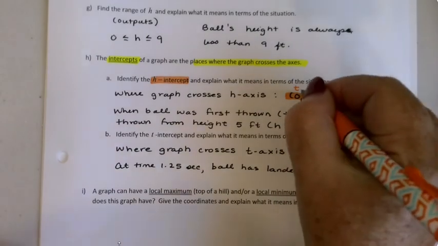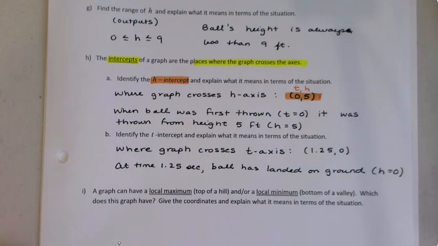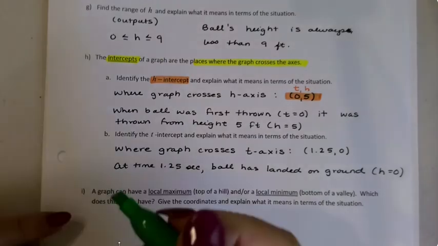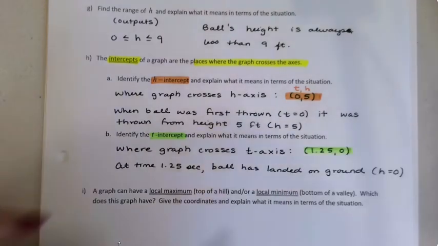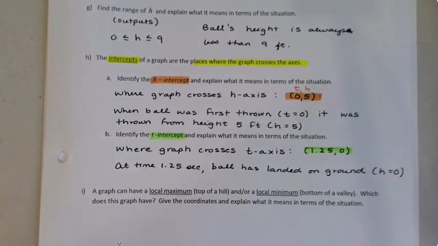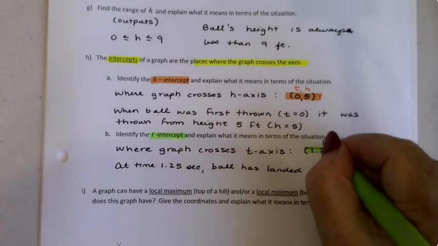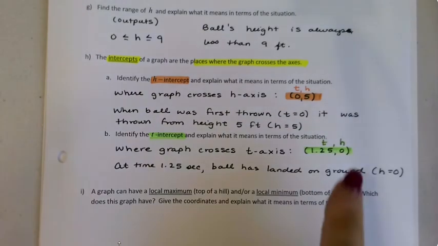This is (t, h). And when I wanted the t-intercept, again, this is (t, h), the h value is 0.